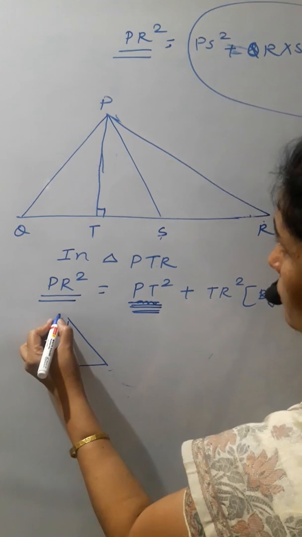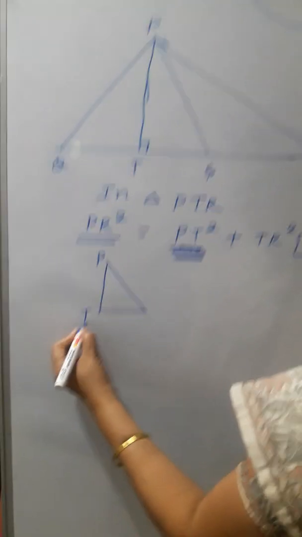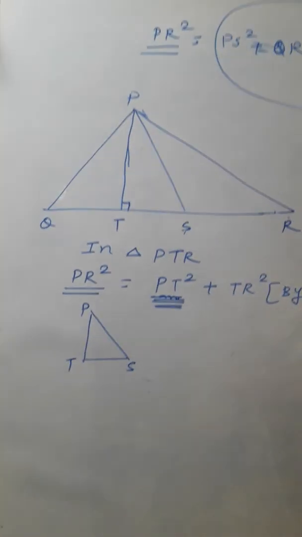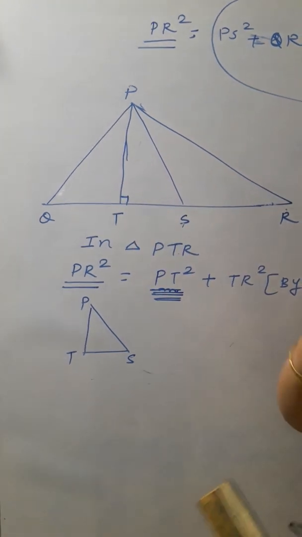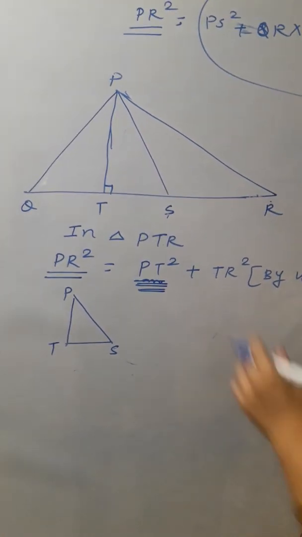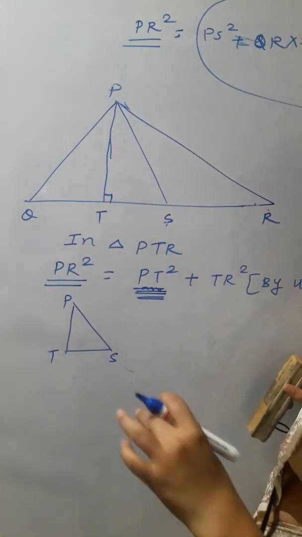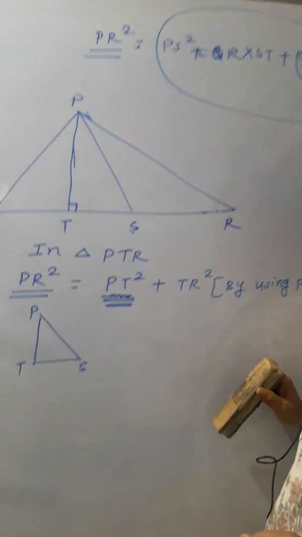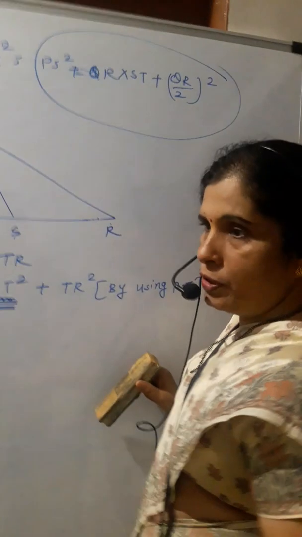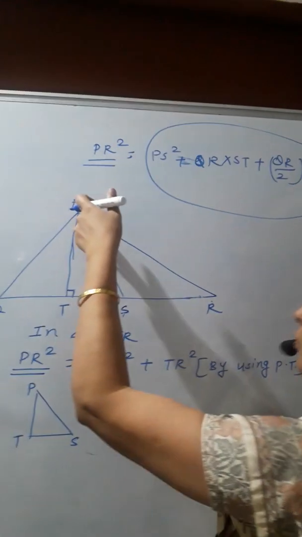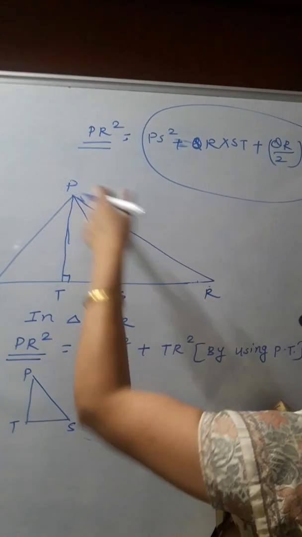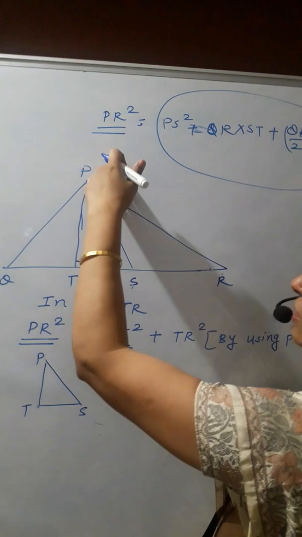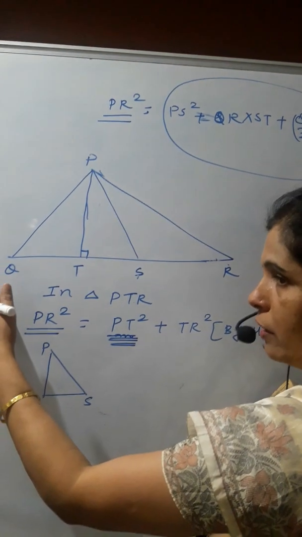Now there may be a question that why triangle PTS, why not PTQ? So the answer is that here in this question actually we are going to prove Apollonius theorem, and in Apollonius theorem we have to prove PR square. We have to find out value of PR square as well as value of PQ square also.